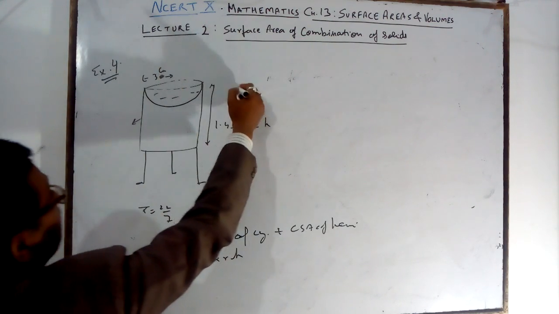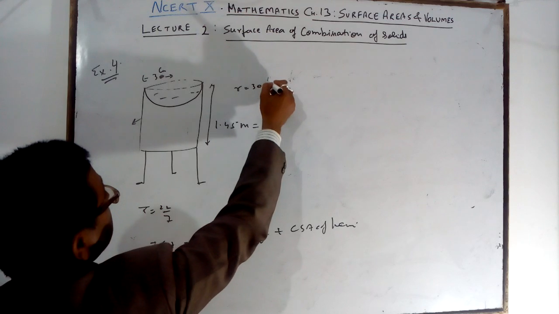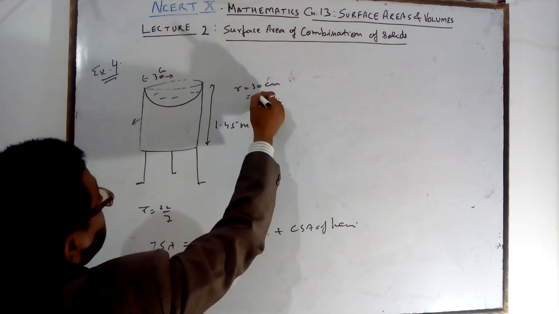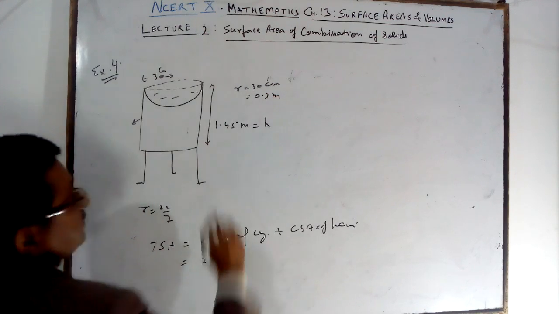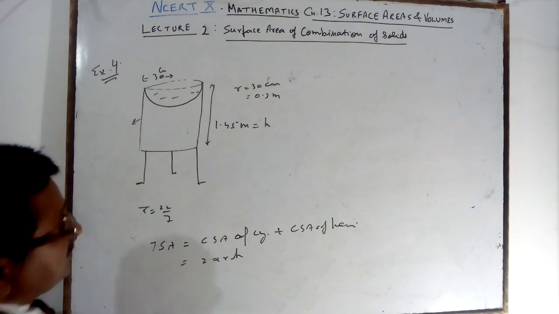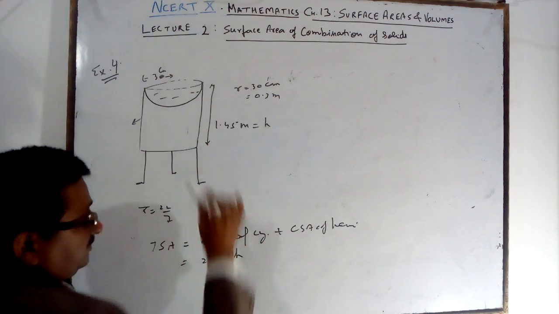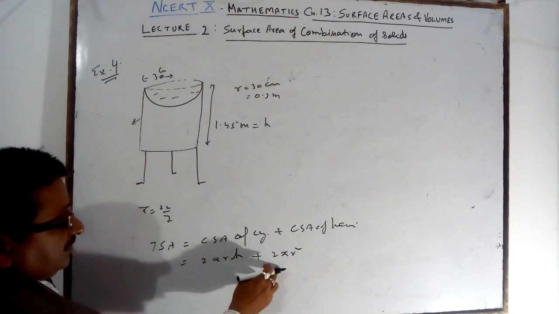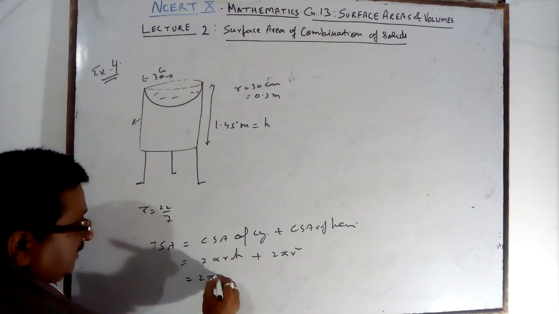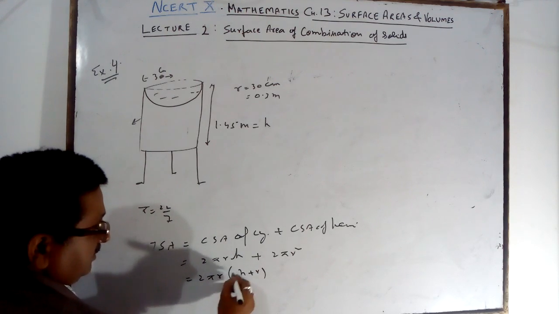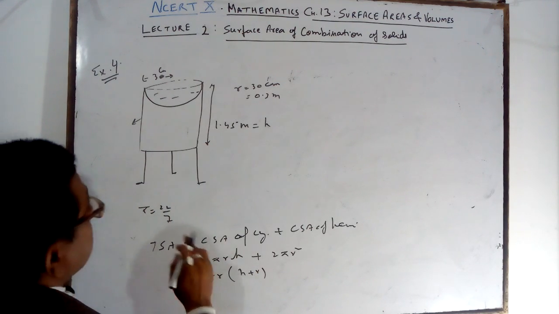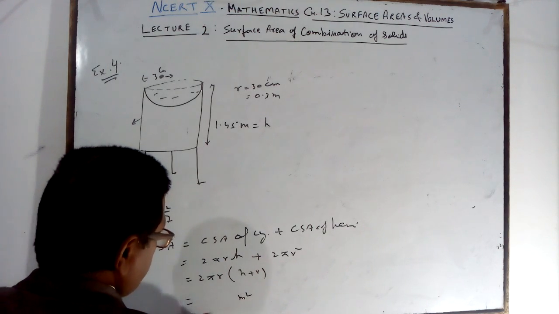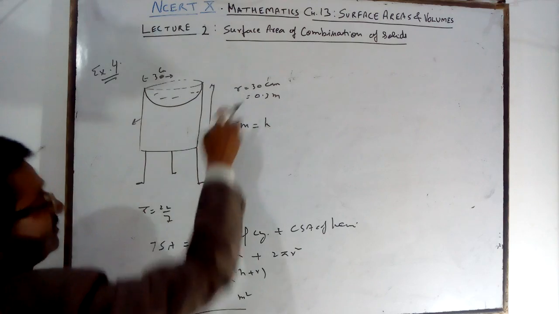R is 30 centimeter, which is 0.3 meter; you can write 0.3 in meters or convert to centimeters. Plus 2 pi r square, the hemispherical CSA. So 2 pi r common, h plus r. Put in the values of pi, r and h. You will get your answer in meter square, because I am changing the radius unit to meter.